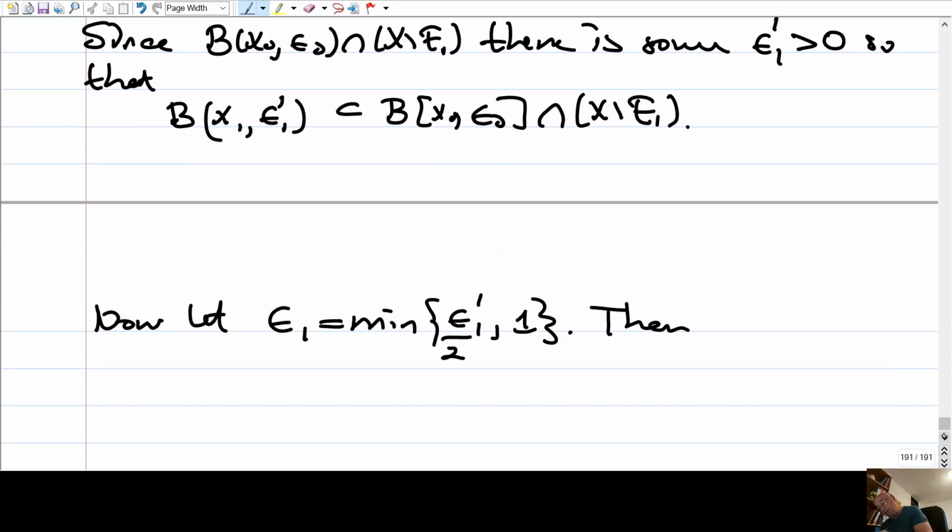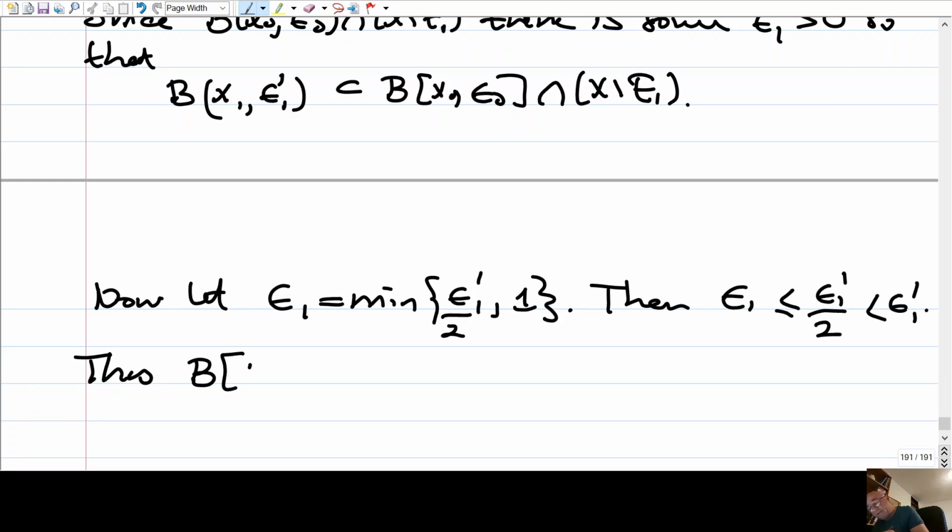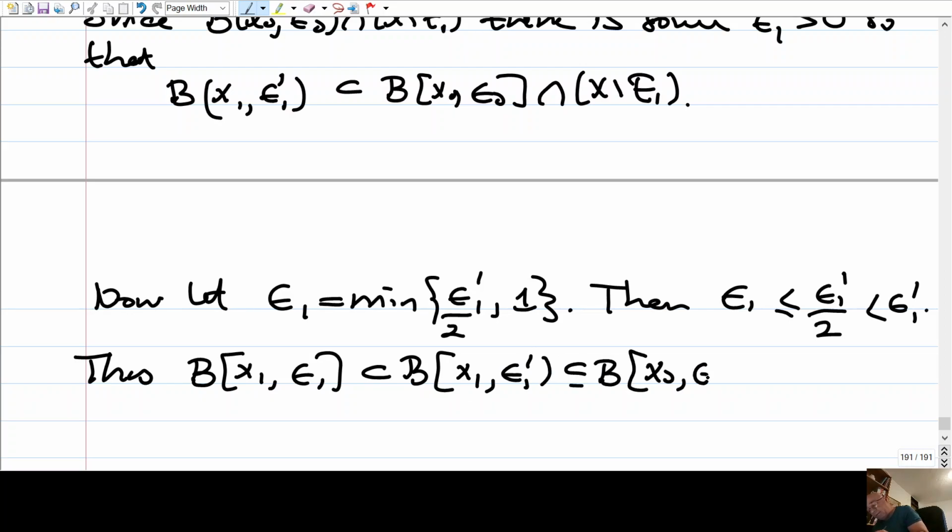Then epsilon 1 is less than epsilon 1 prime over 2, and this is strictly less than epsilon 1 prime. Thus, the ball with center x1 and radius epsilon 1 lies inside this open ball, and that lies inside this ball.